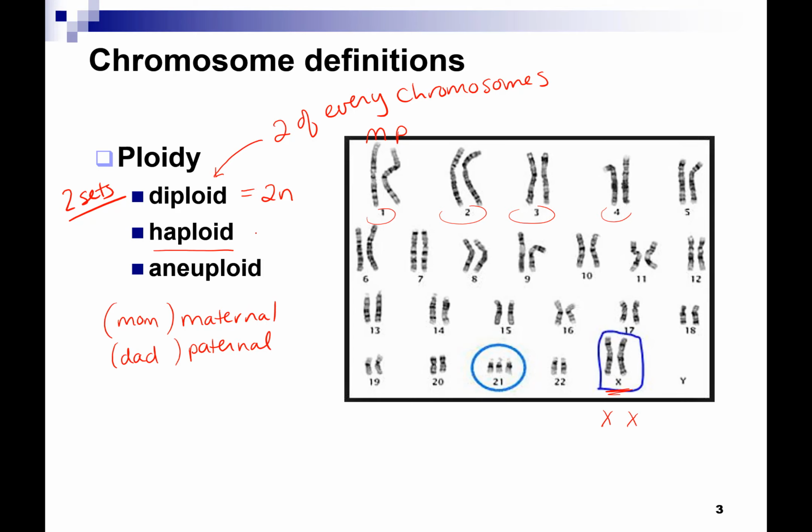Haploid is talking about the number N, which would mean half of the chromosomes in a body cell. So haploid for humans are only in gametes, which is your reproductive cells, like your egg or sperm.